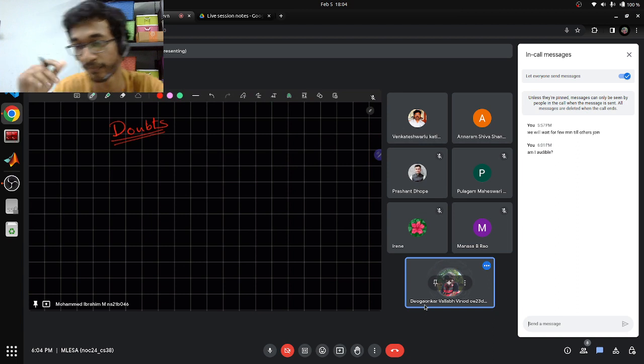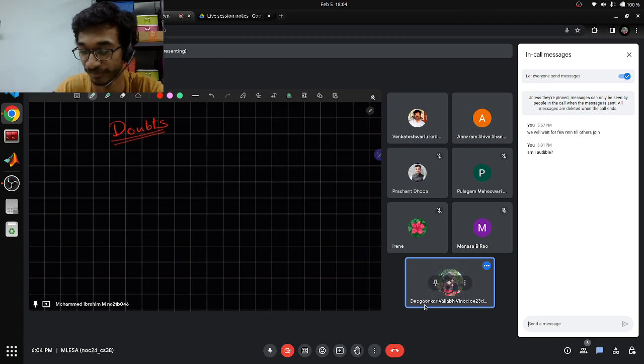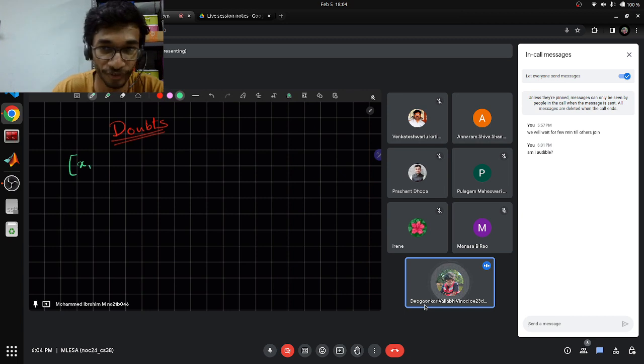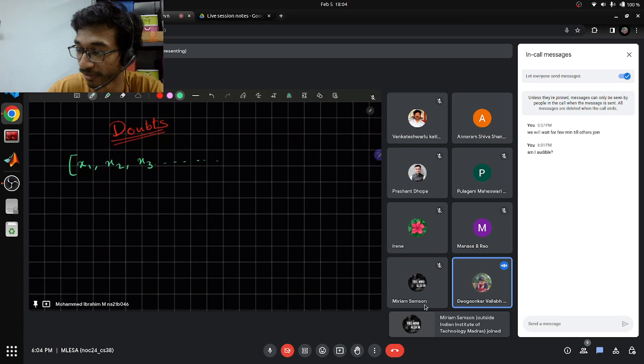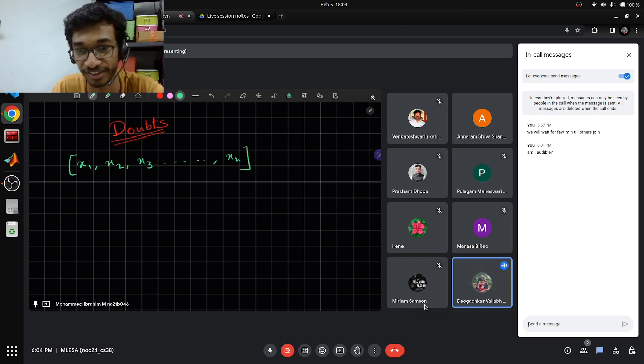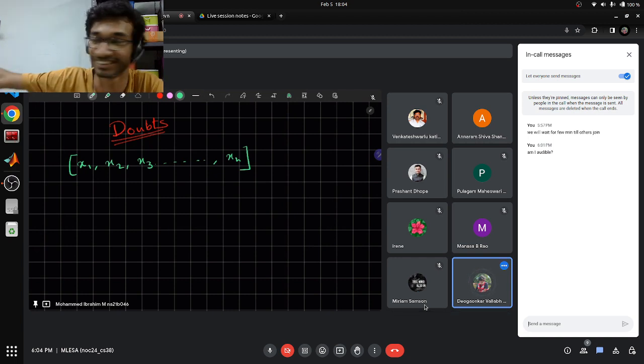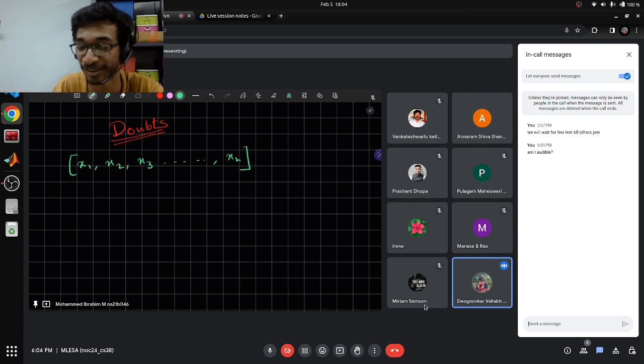Okay. So maybe I will start with an introduction of what variance and covariance mean. Let's say you have been given some data, and that data has n data points: x1, x2, dot dot dot, till xn. What you are essentially doing when you calculate an expectation is a weighted mean of this.